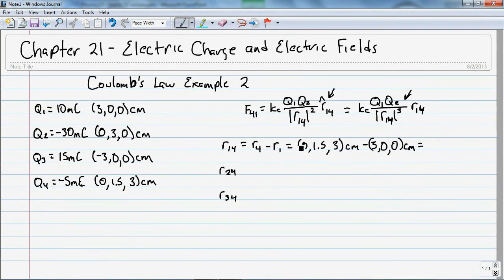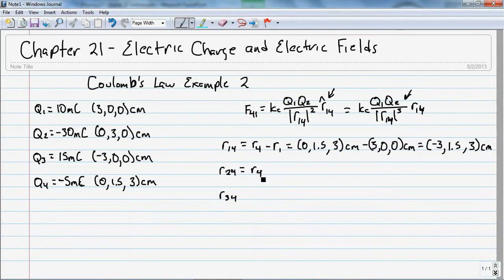That gives me 0 minus 3 is minus 3, 1.5 minus 0 is 1.5, and 3 minus 0 is 3 centimeters.